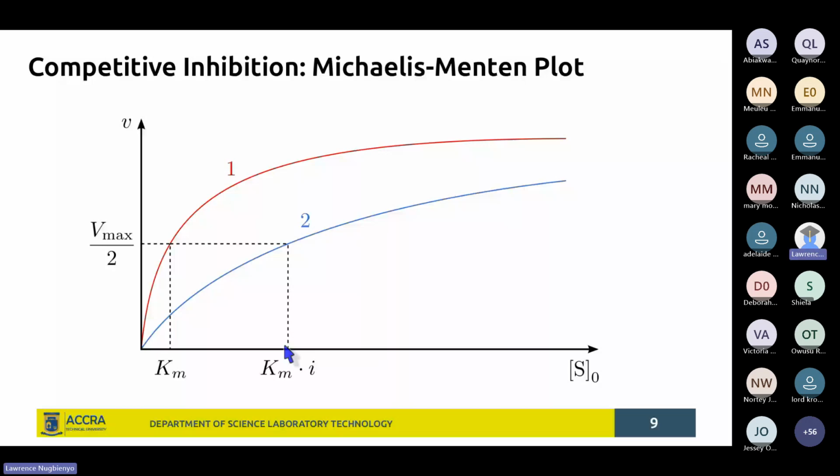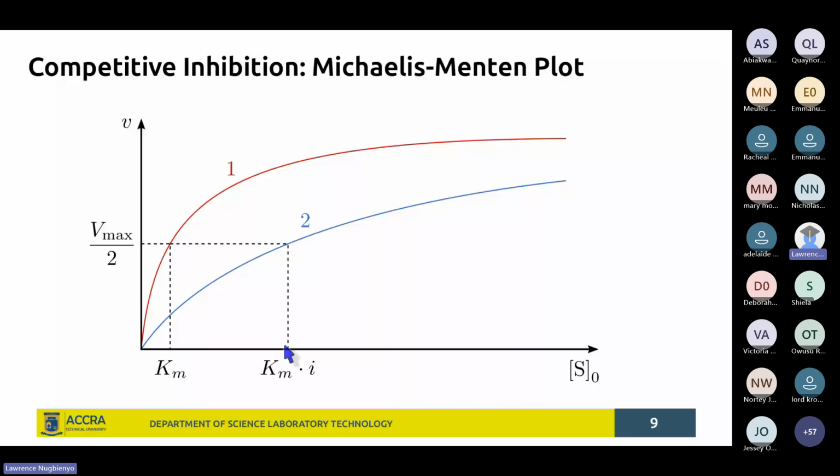When you add more substrate into the reaction mixture, because you have increased the concentration of substrate, the substrate will displace the inhibitor from the enzyme, so that in the end, you can still reach the maximum rate of reaction when you increase the concentration of the substrate.